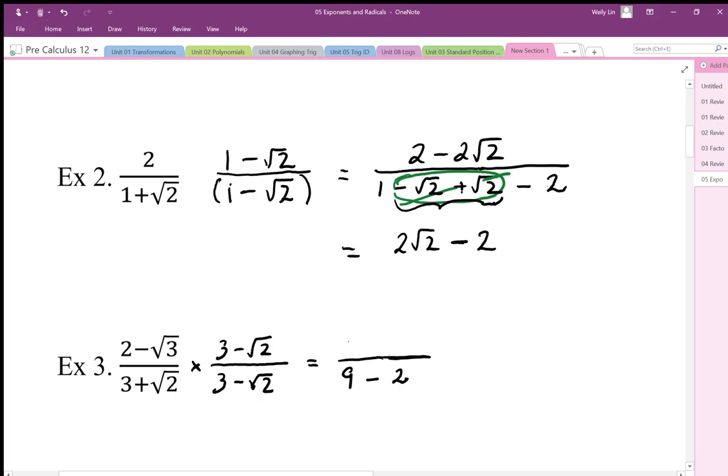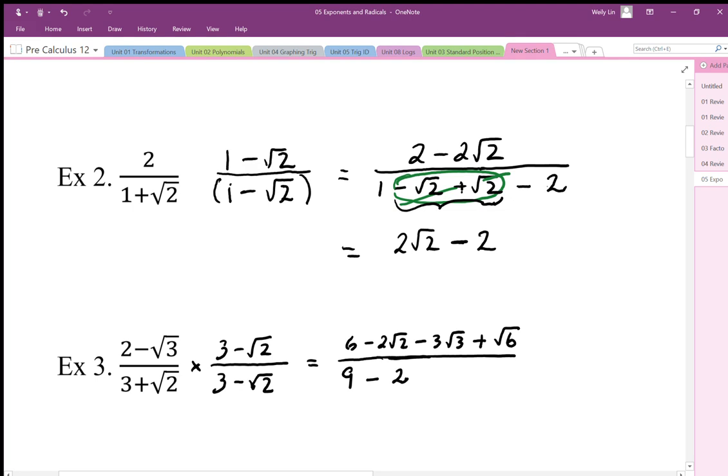We have to multiply out the top, so we get 6. Root 2 times 2 is negative 2 root 2. 3 times negative root 3 is negative 3 root 3. And then negative root 2 times negative root 3 is positive root 6.